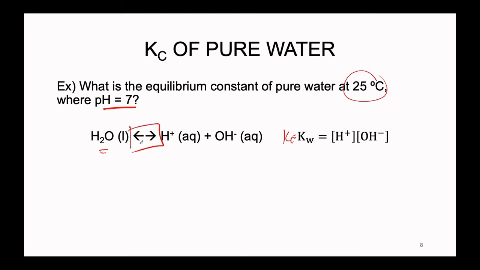Any type of math that we want to do with this reaction, whether it be measuring concentrations or theoretical yields, because this is a reversible reaction, we have to work with an equilibrium constant.